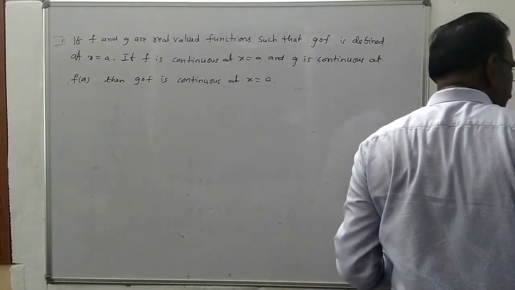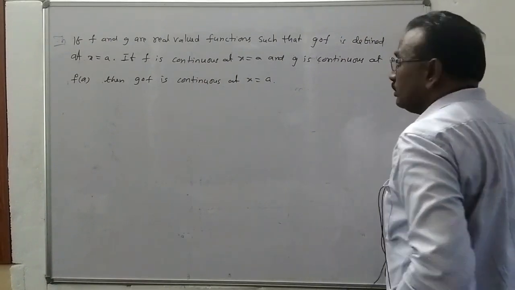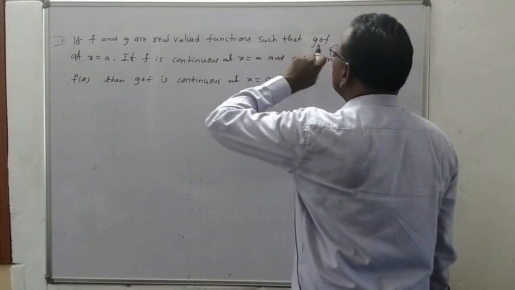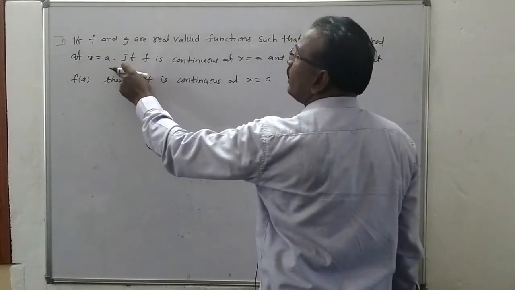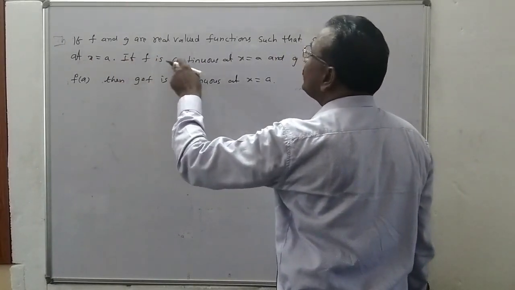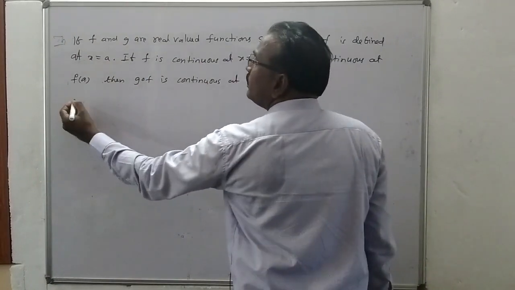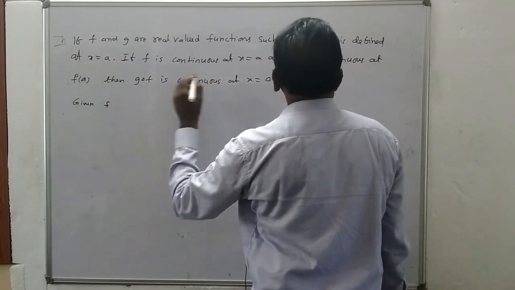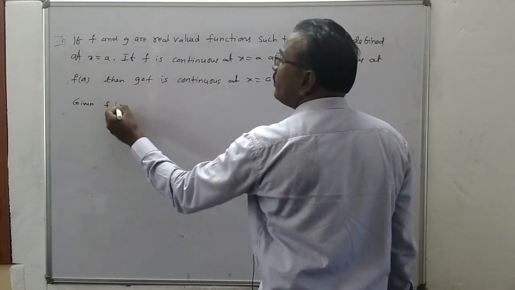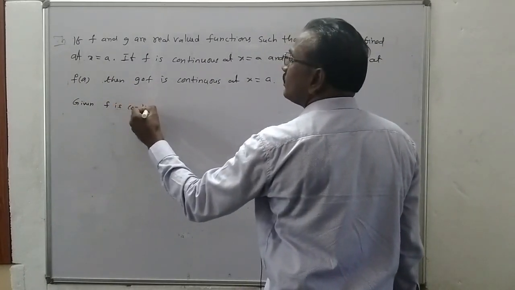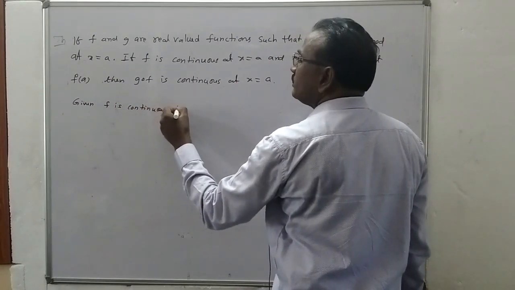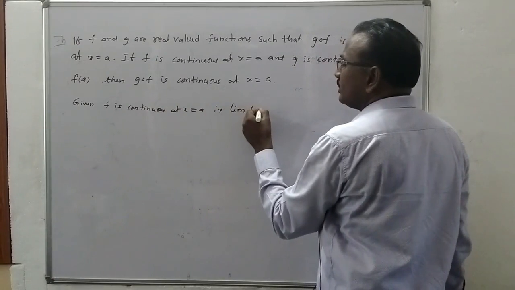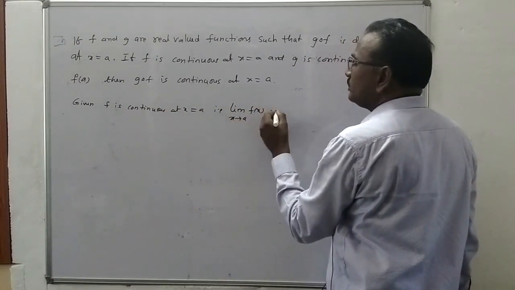Here given f and g are real valued functions. g of f is defined at x is equal to a. Also given f is continuous at x is equal to a, that is limit f of x as x tends to a is equal to f of a.